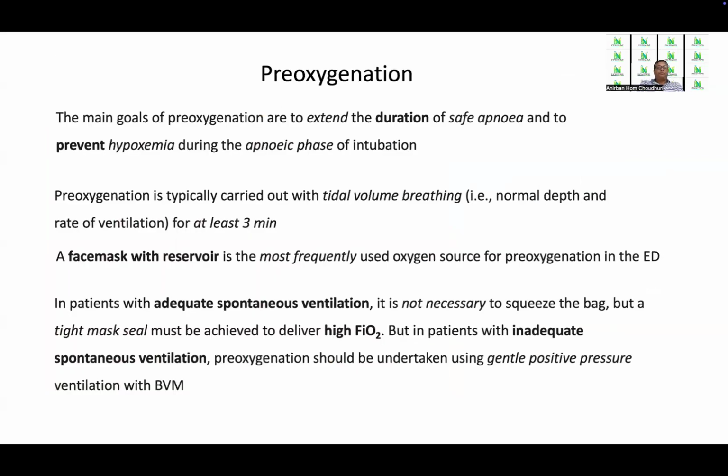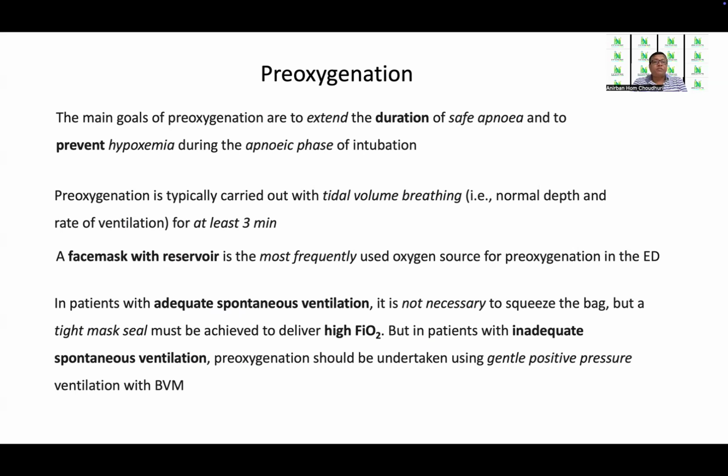intubations. The first step is pre-oxygenation, where the main goals are to extend the duration of safe apnea and prevent hypoxemia during the apneic phase of intubation. Typically, it is carried out with tidal volume breathing, that is, with normal depth and rate of ventilation for at least 3 minutes.